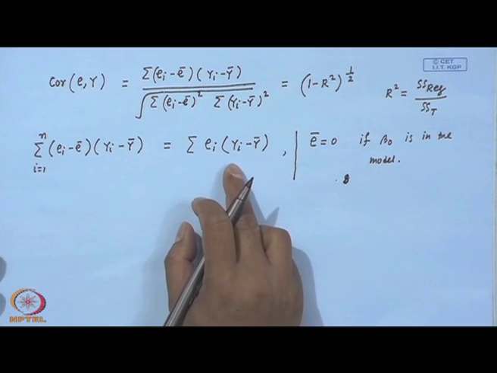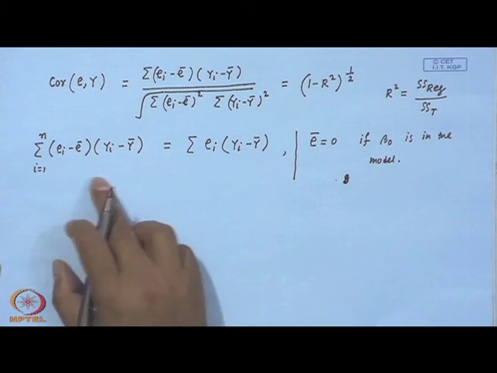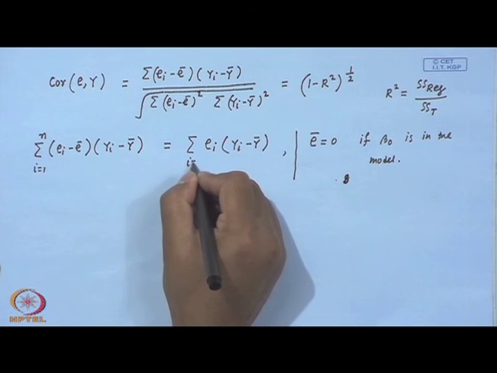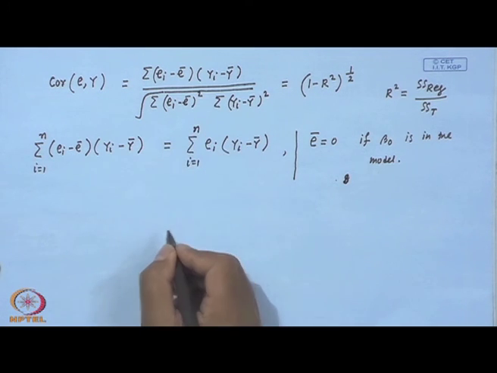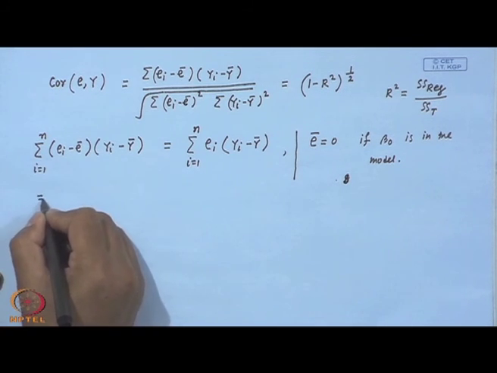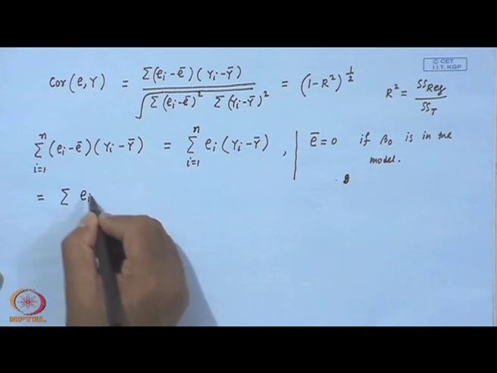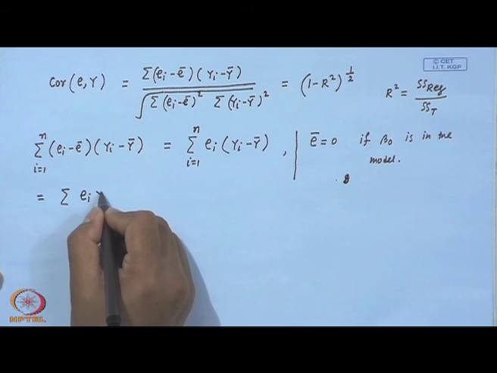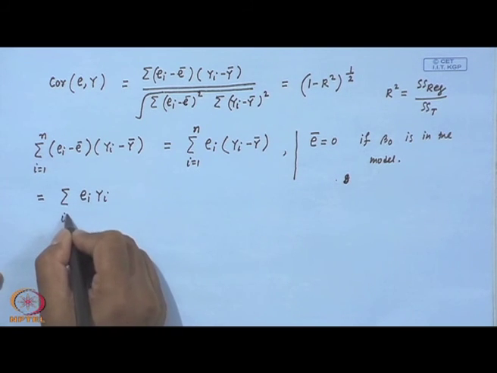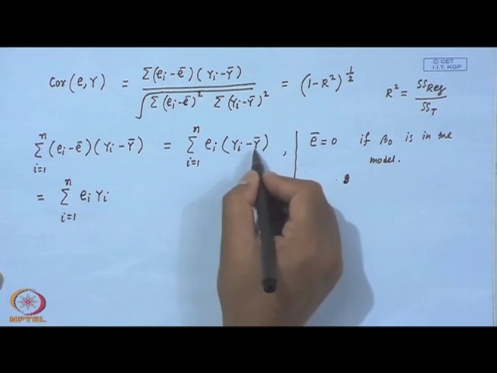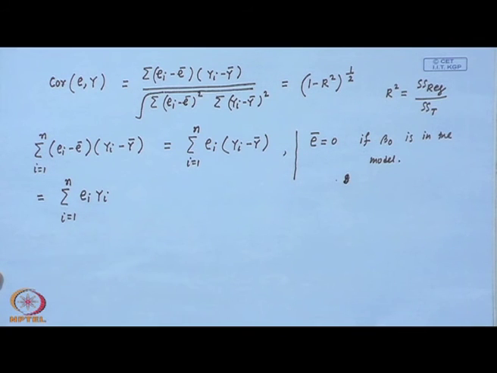So, we can write this as summation E I into y I minus y bar, I is from 1 to n, and this can be written again as summation E I y I, I is from 1 to n, because this summation E I is equal to 0, right.